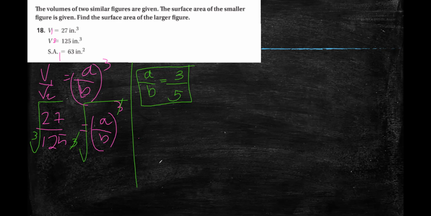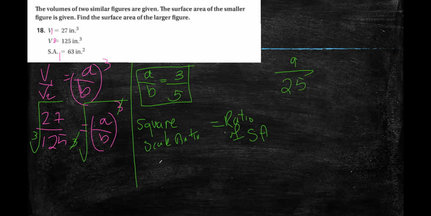Then we say that the square of the scale ratio is the ratio of the surface areas. So let's square the scale ratio, which gives 9 over 25. If you square it, you can write the ratio of the surface areas.